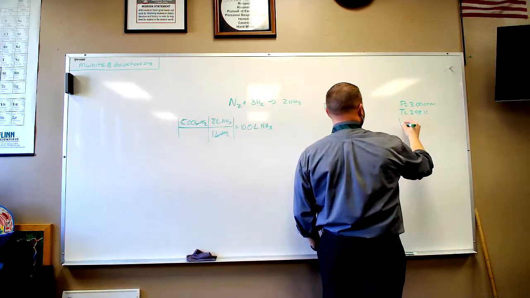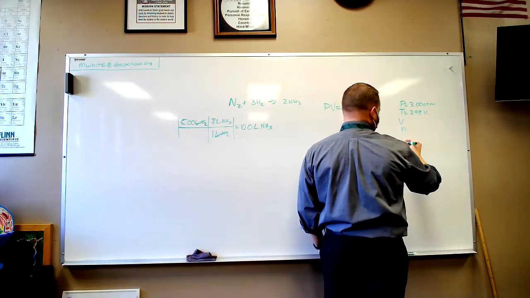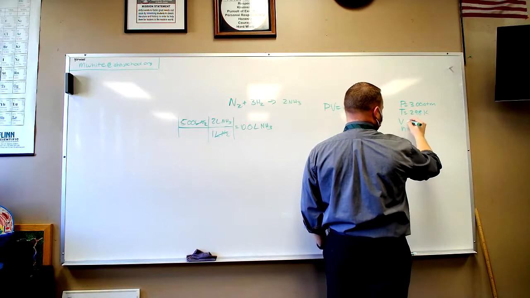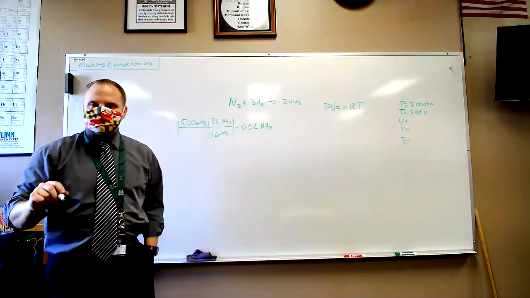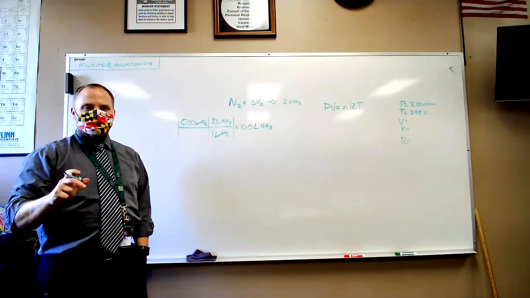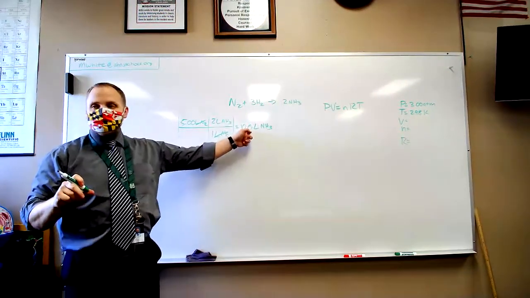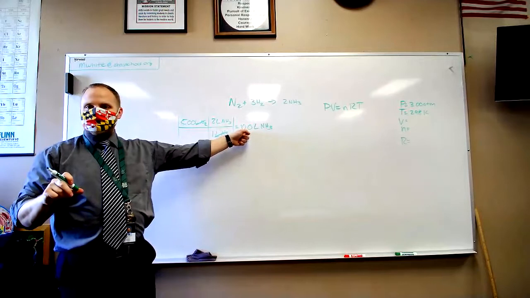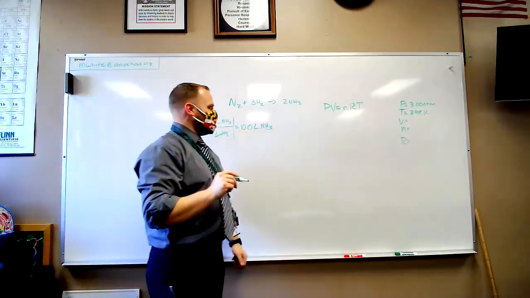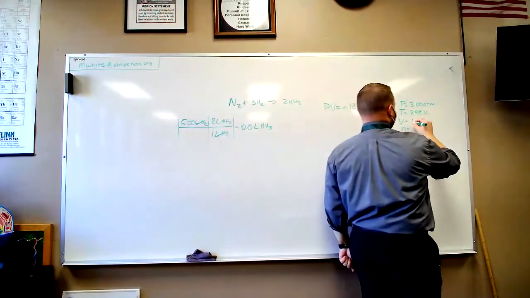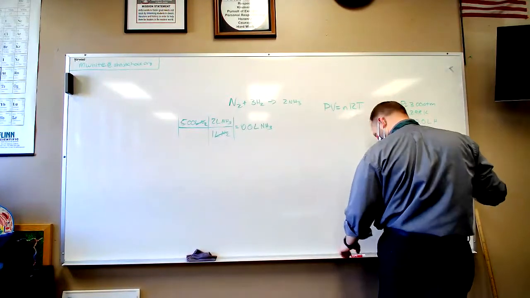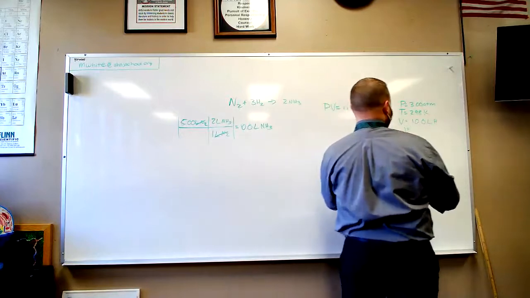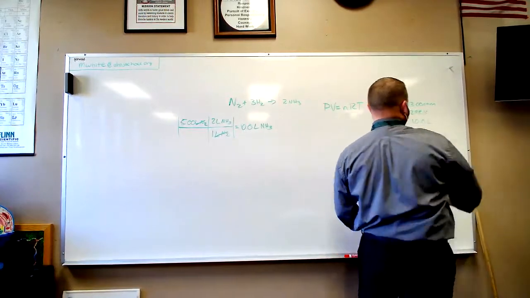So now we need V, n, and R. What's our volume? 10. Okay. 10 liters of ammonia.